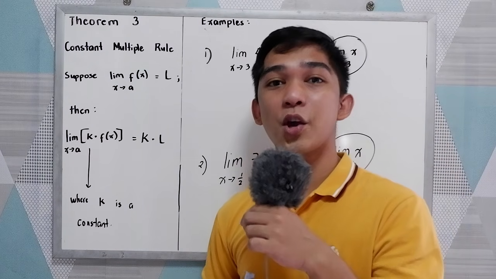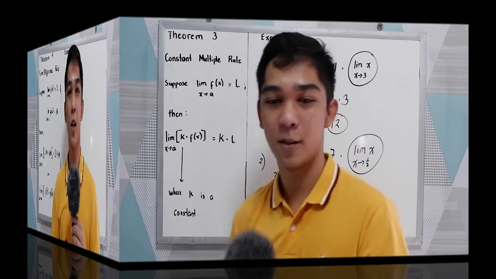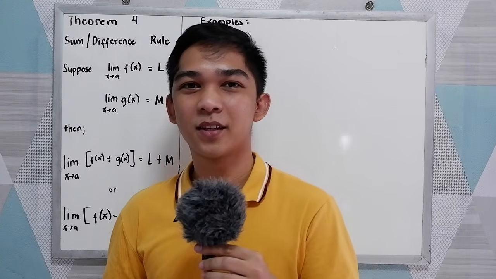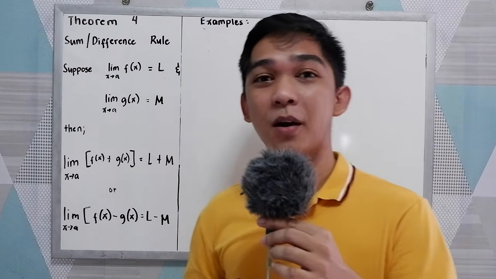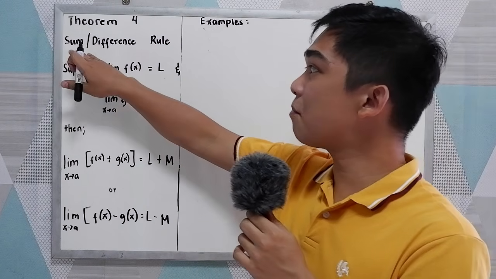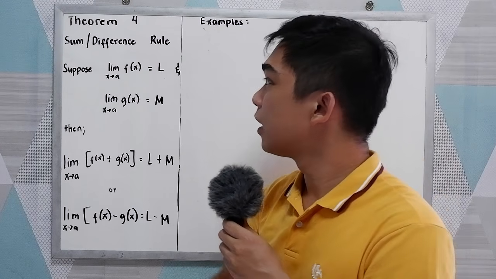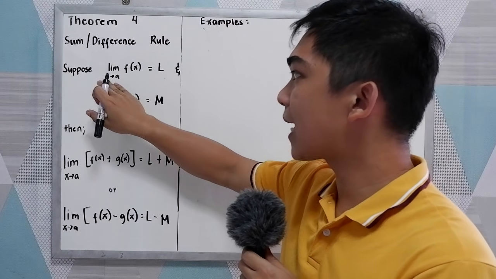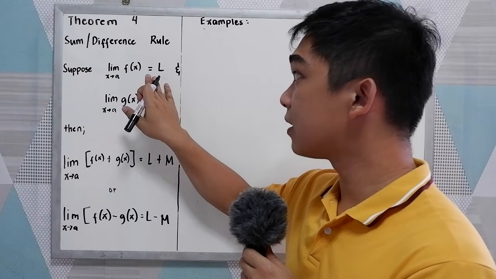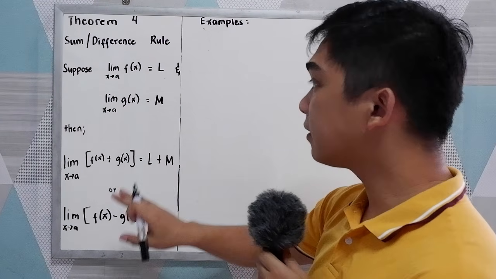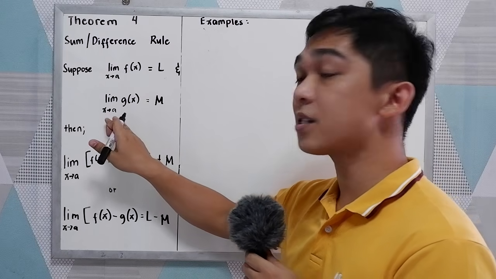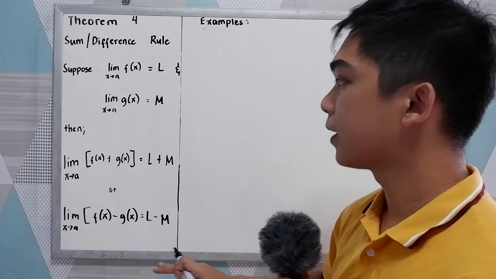Level up to theorem number 4. Now let's have our theorem number 4, the sum or difference rule. Suppose the limit of f of x as x approaches a is equal to L, and the limit of g of x as x approaches a is equal to m.